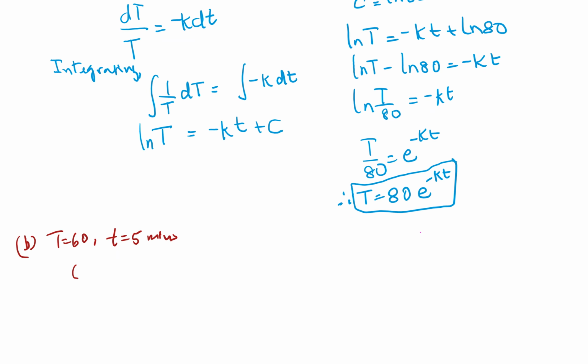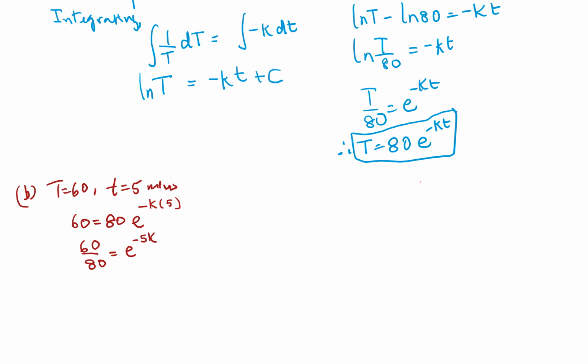So I can write 60 is equal to 80 times e to the power minus k times 5, or 60 over 80 is equal to e to the power minus 5k. So I can take ln of 60 over 80, which is equal to minus 5k.